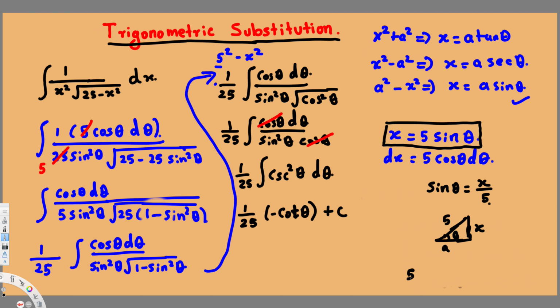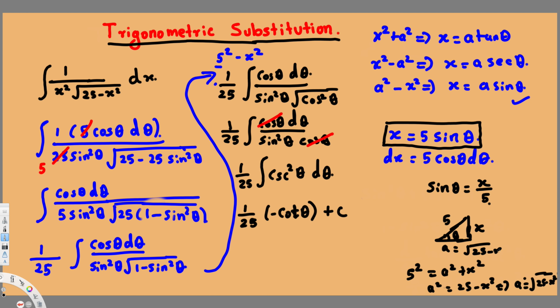We know that 5 square, hypotenuse square, is equivalent to a square plus x square. Here we are trying to find a square. So a square is going to be equivalent to 25 minus x square. Therefore a is going to be equivalent to square root of 25 minus x square, right? So this is going to be our missing side.